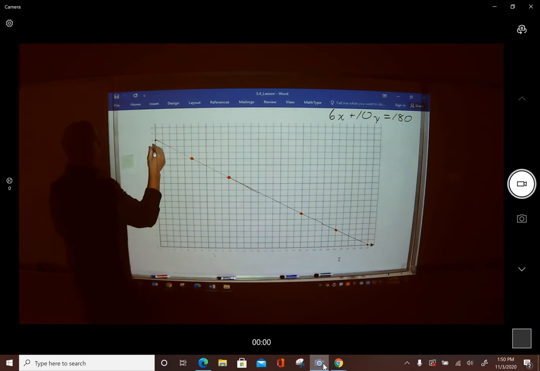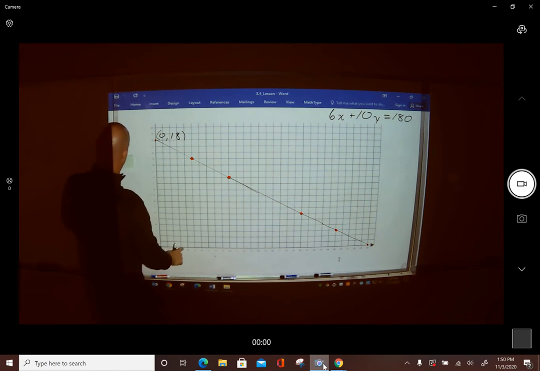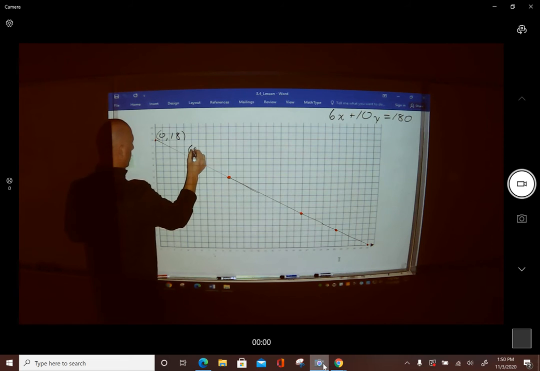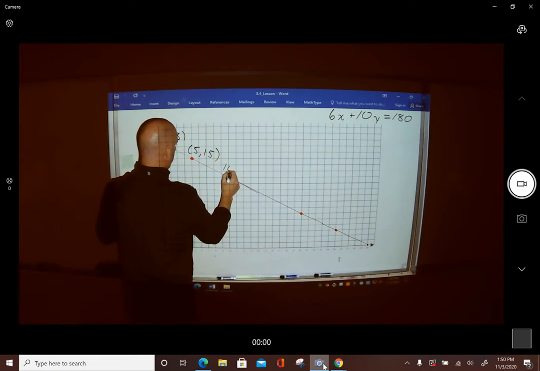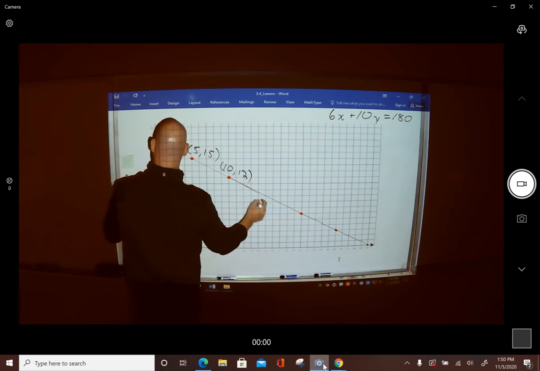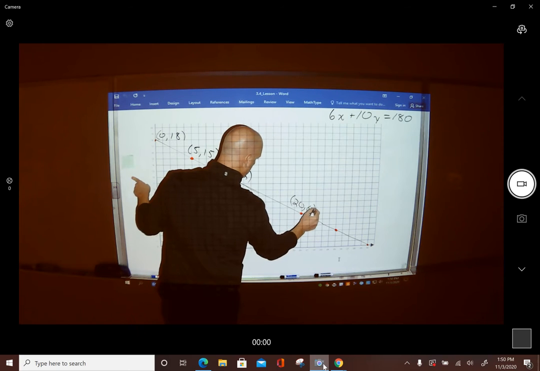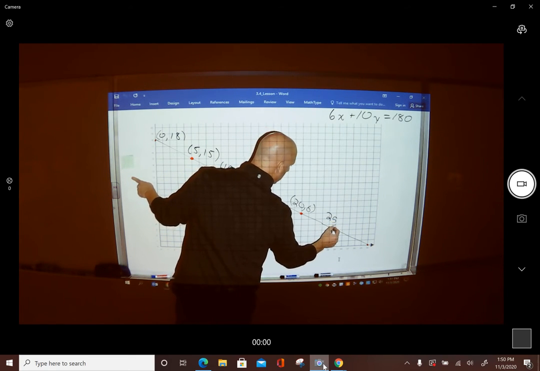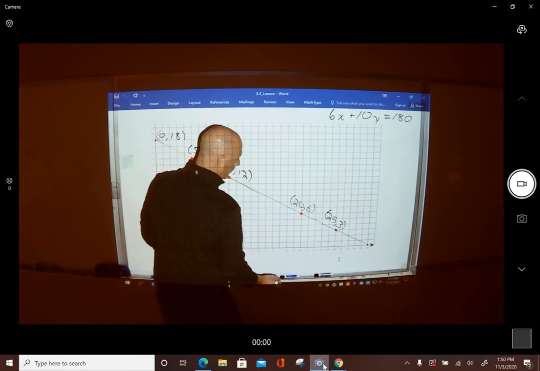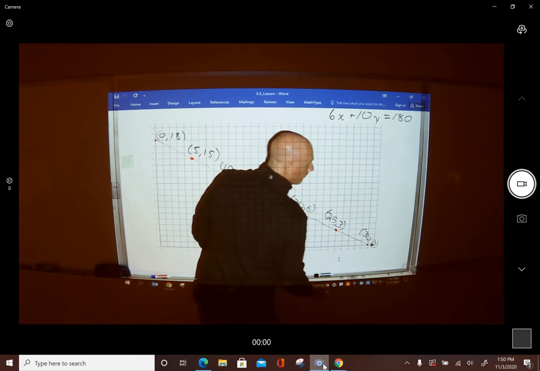So this first point was (0, 18). This one was (5, 15). This one was (10, 12). This one was (20, 6). This one was (25, 3). The final one was (30, 0).